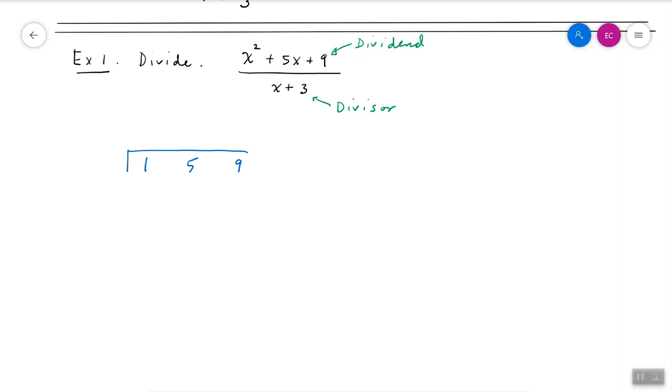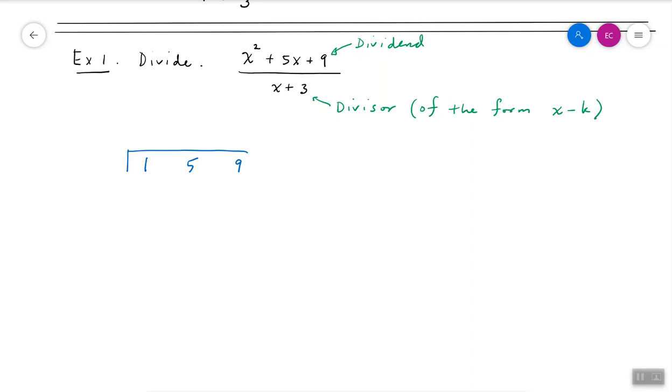For the divisor, it is x plus 3. We don't need to write x plus 3 out in front. Actually, all our divisors are going to be of the form x minus k. So we're not going to see x squared or x cubed or some other power of x in the denominator.